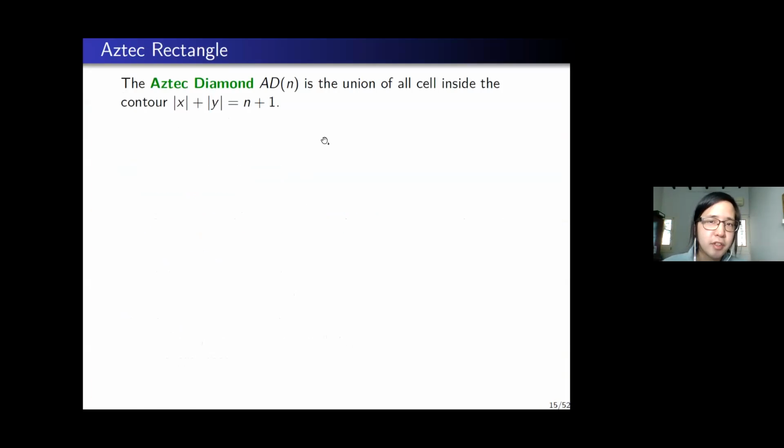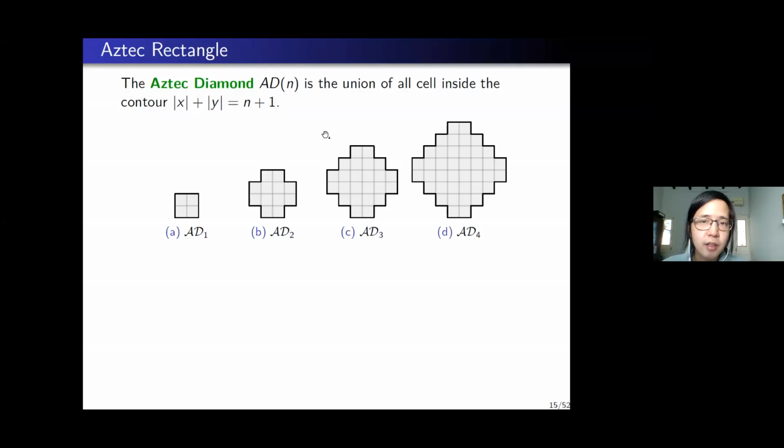An Aztec diamond is a polyomino that is the union of all cells inside of the contour defined by this formula.